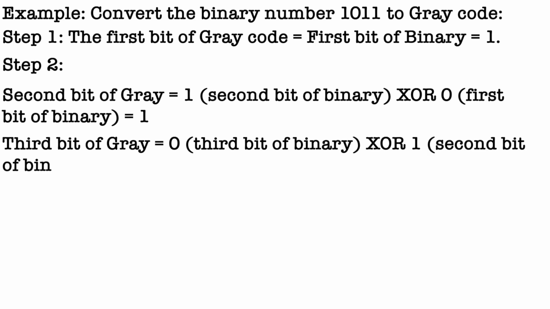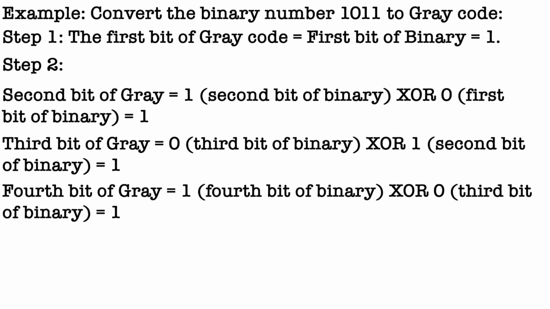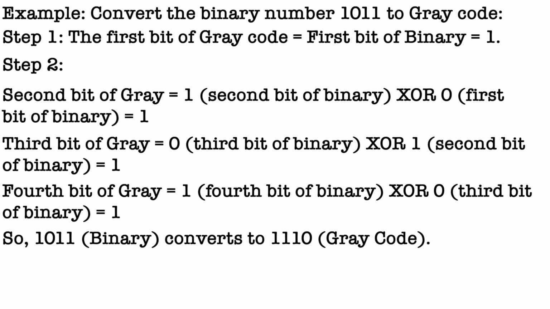The third bit of gray is the third bit of binary, that is 0, XOR with 1, the second bit of binary, so we get 1 as the third bit of gray. Similarly, the fourth bit of gray is the fourth bit of binary, that is 1, XOR with 0, the third bit of binary, and we get 1 as the fourth bit of gray. So finally, 1011 in binary is represented by 1110 in gray code.